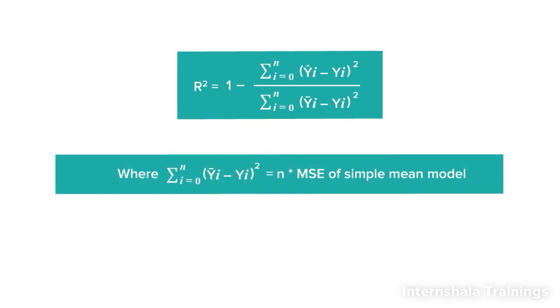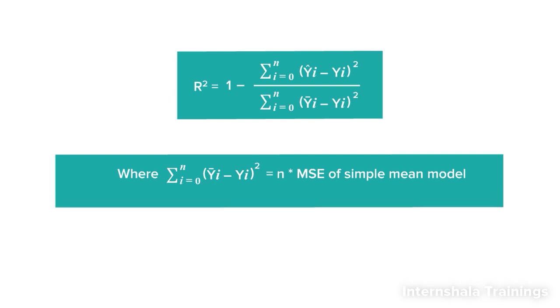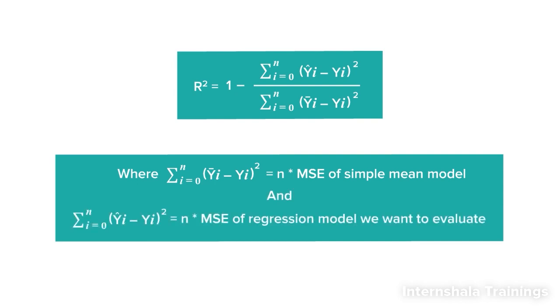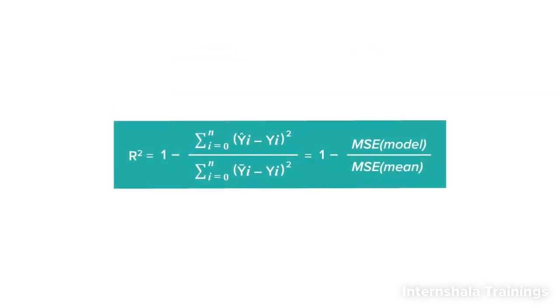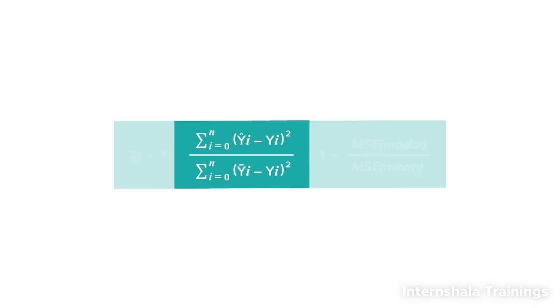where sigma (y bar minus yi) whole square represents n times the mean squared error of the simple mean model, and sigma (y hat minus yi) whole square represents n times the mean squared error of the model that we need to evaluate. So, R-square can be defined as 1 minus MSE model divided by MSE mean.